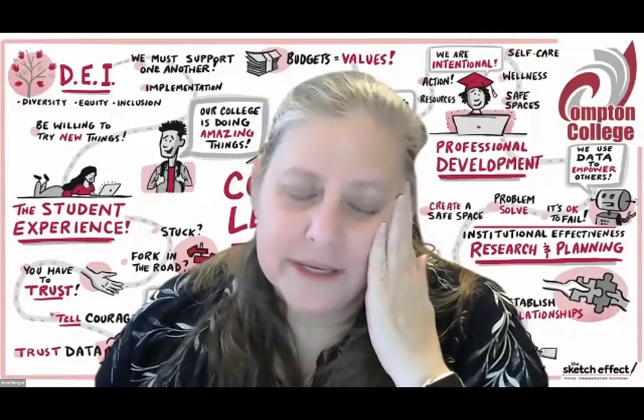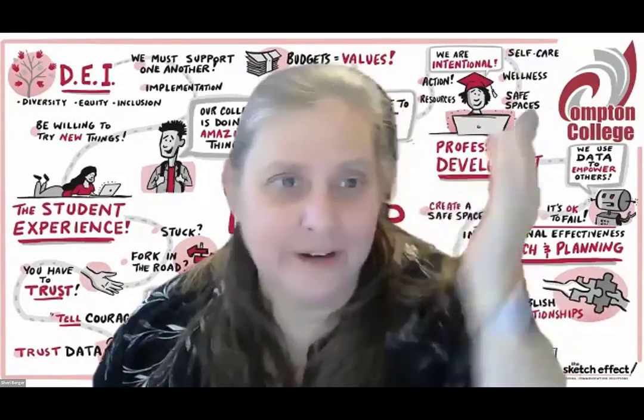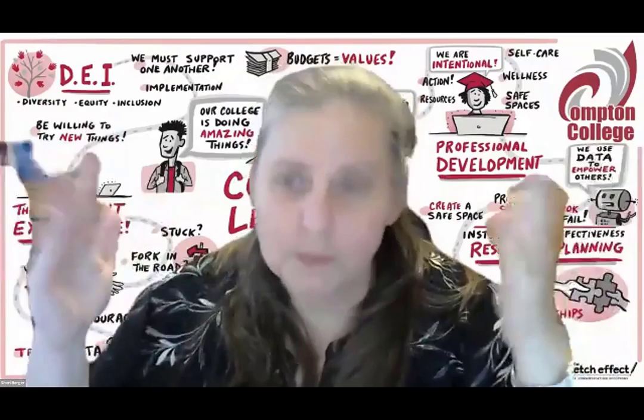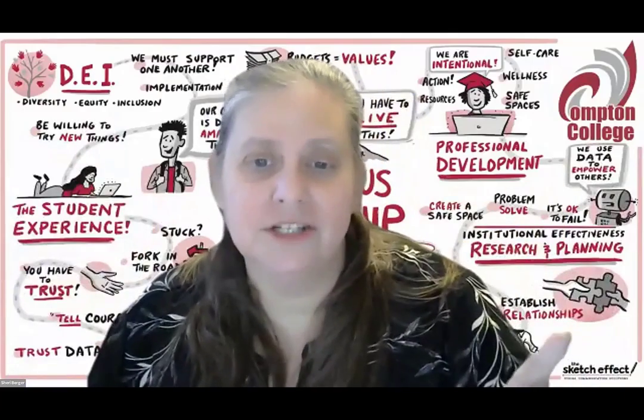Yeah. So if I could follow up on Araba's comments as well, because in our credit for prior learning that we just did a year and a half ago, for each of the different types of credit for prior learning, we mapped out what the process would be, using a form for getting these articulations.